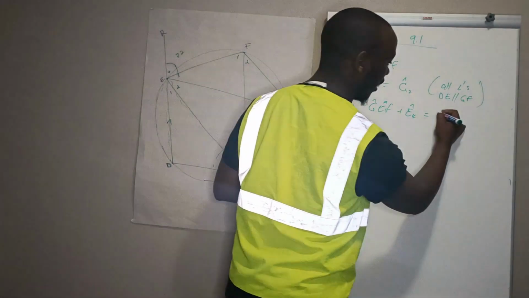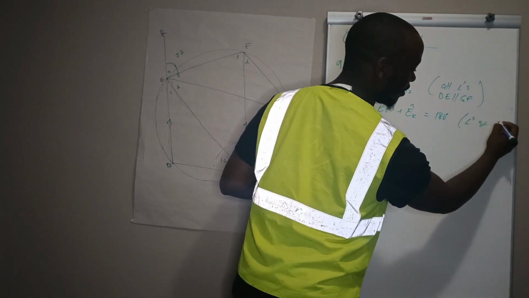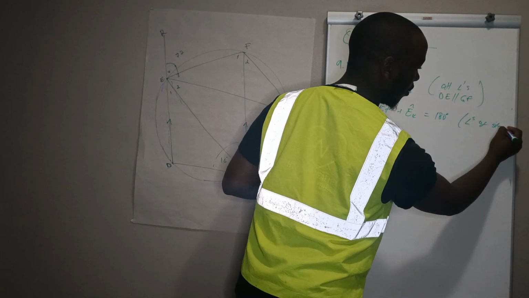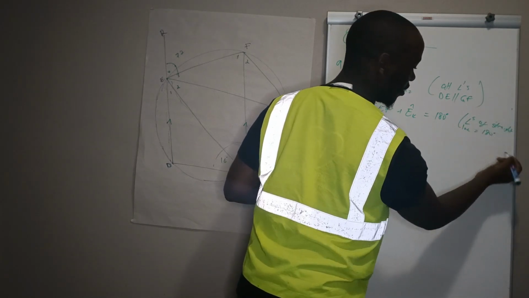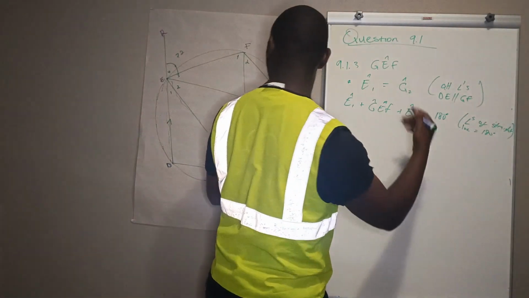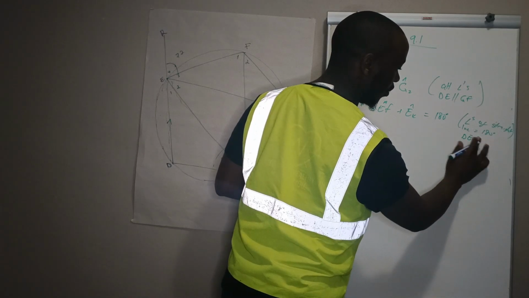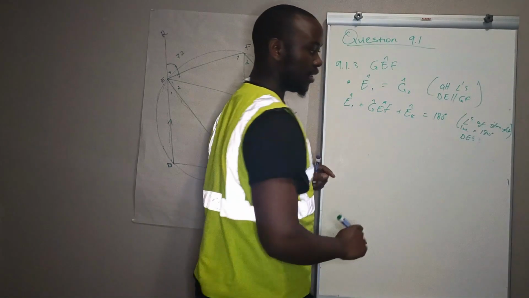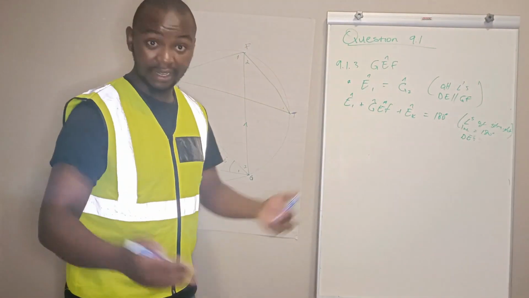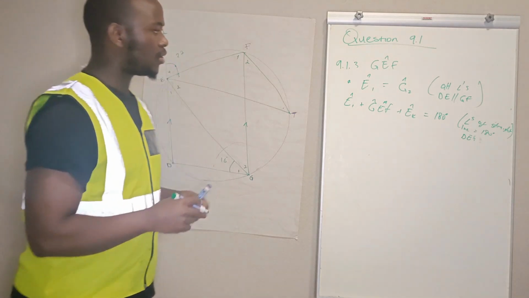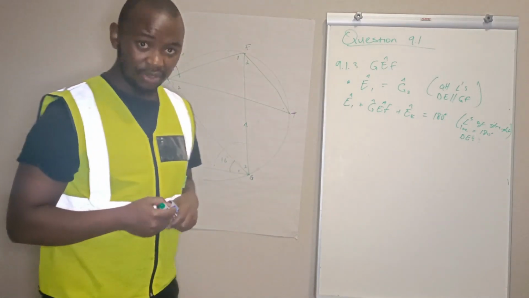Those angles form 180 degrees because angles on a straight line equal 180 degrees. You can mention the straight line for interest's sake, that is line DE. You don't have to mention DER, or you can say DR or DE or ER, it's still a straight line.